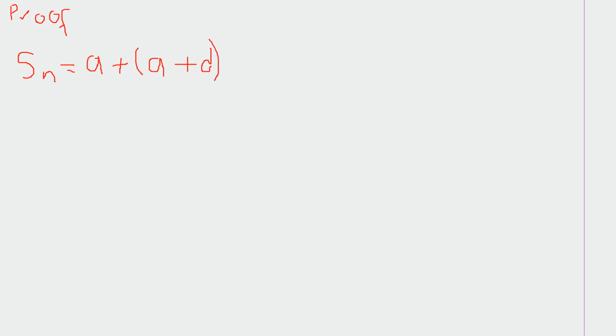So from the first term, which is a, you add d to get to the next term, which is a plus d. And then to get to the next term, you also add d, and then you will have a plus 2d.